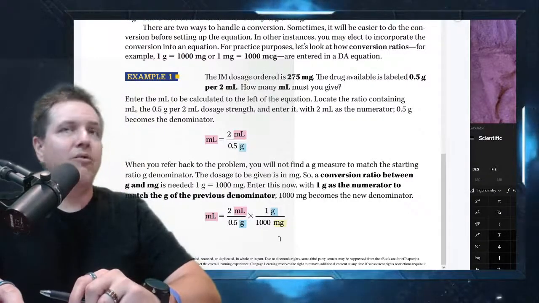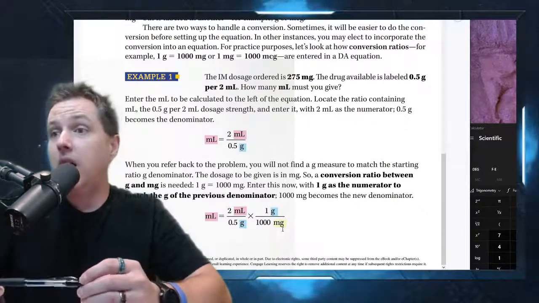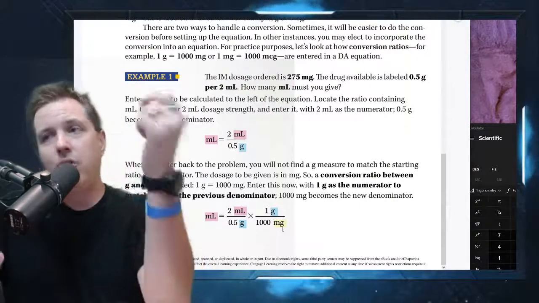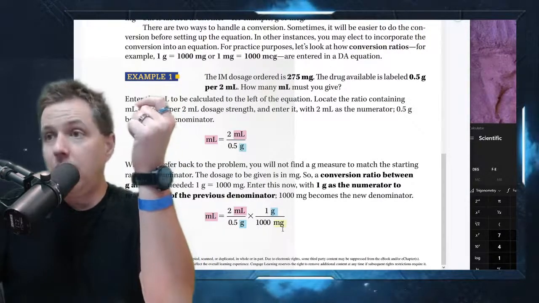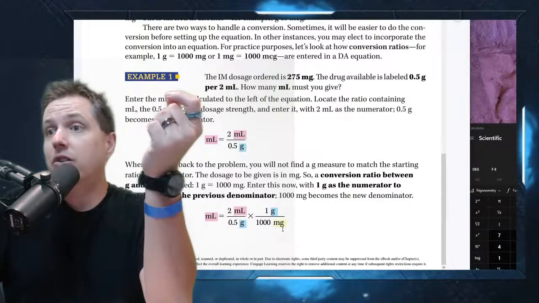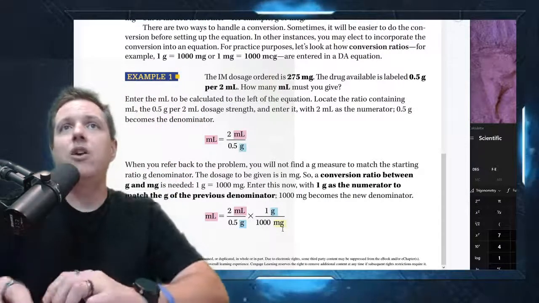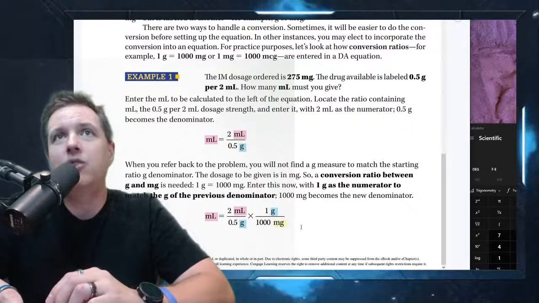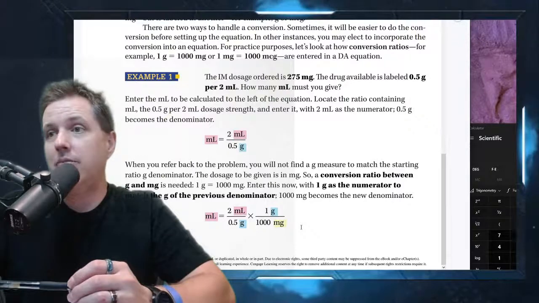Notice that the fraction they're multiplying by is literally a form of 1, because remember, we can always multiply by a form of 1 in a fraction. We do that a lot. Well, that's what this is, because 1 gram is equal to 1,000 milligrams.